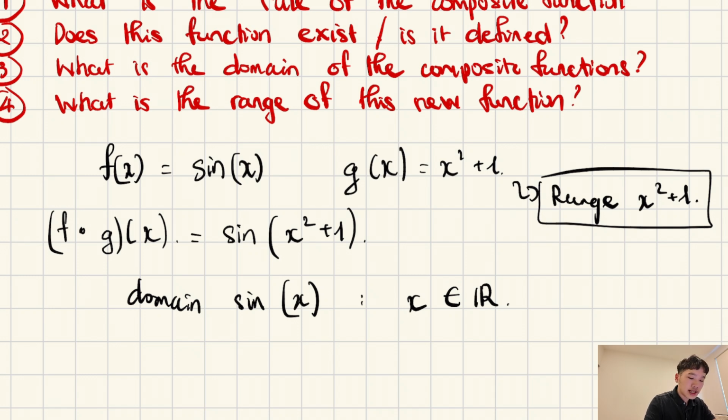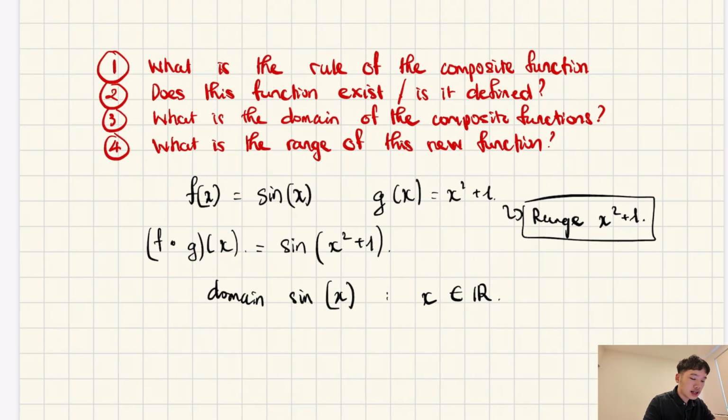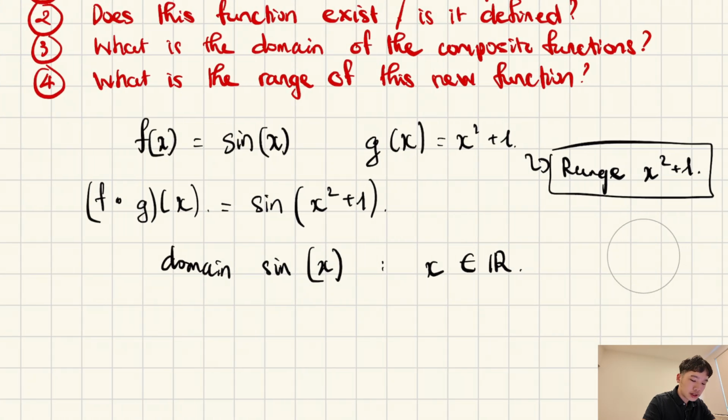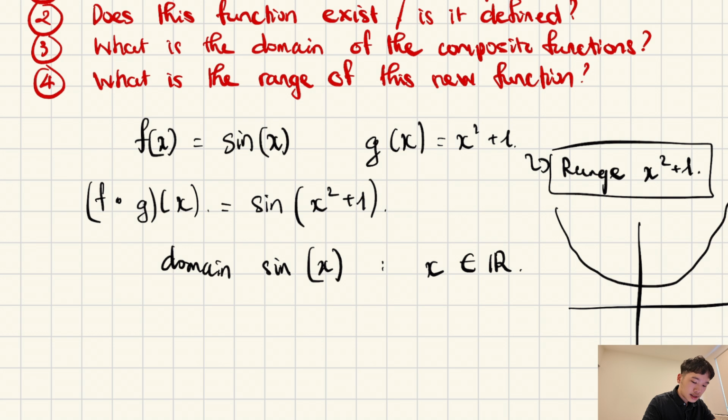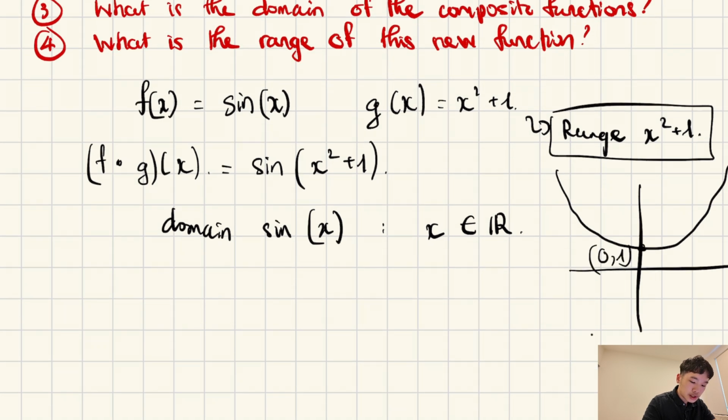For the range of x squared plus 1, we know it's going to be a parabola. So the parabola is translated up 1 unit, which looks like that. That is (0, 1). So basically, your range would be 1 to positive infinity.